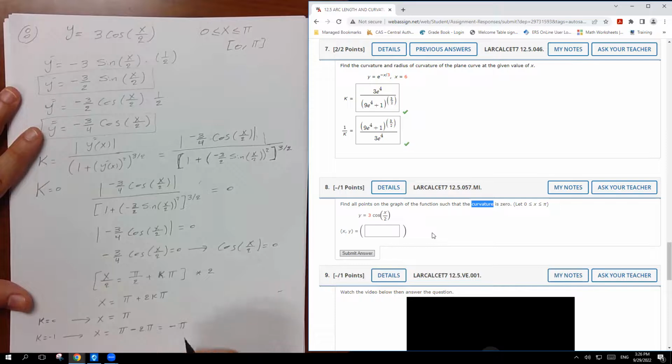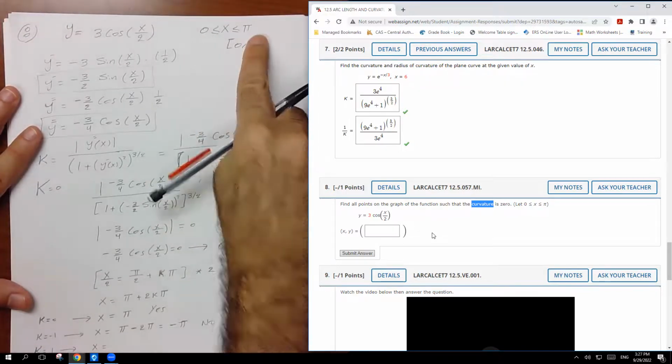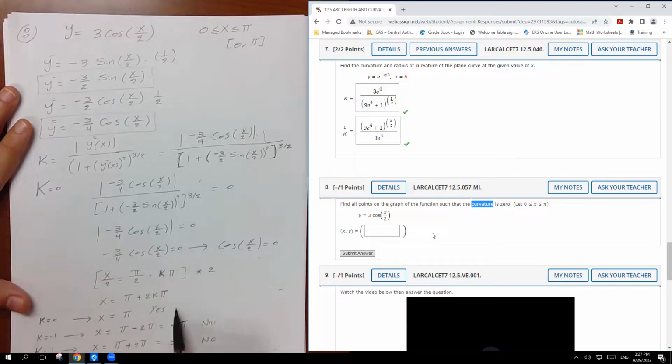This does not belong to the interval, so I'm going to say no. If k equals 1, x is going to be pi plus 2 pi, which equals 3 pi. This does not belong either, so no. So the only solution is when x equals pi.